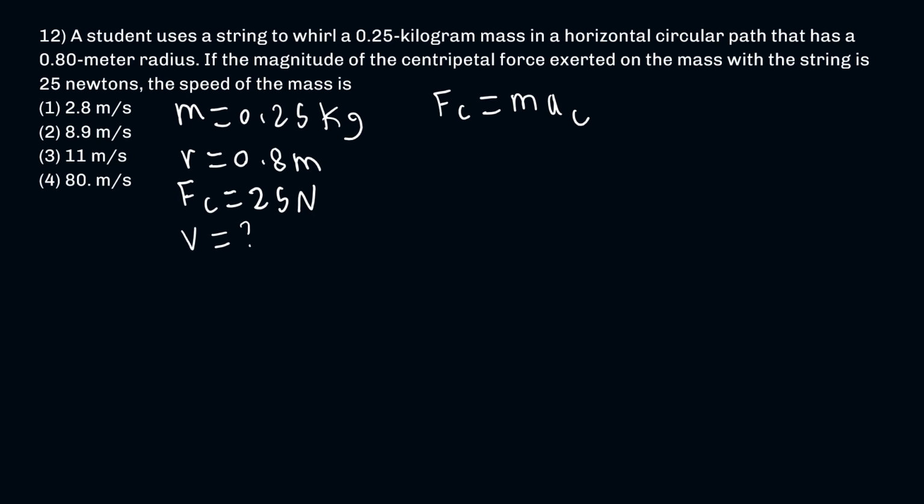So again, this is Newton's second law for circles. Fc equals mac. What is ac? That is also on the reference table. So look for centripetal acceleration. That is going to be on the reference table as v squared over r. Let me fix the 2 there.